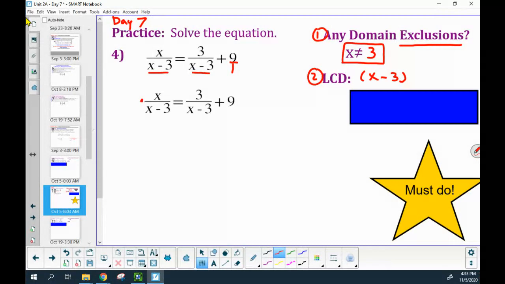So now I'm going to take that LCD and multiply by every single piece of the 3-parted equation I see. So I'm going to use the LCD here and multiply on the left. I'm going to use the LCD, let me squeeze it in on the second part, which is on the right. I'm going to also use it on the third part, the one with the 9. So there's 1, 2, 3 fractions that I have to multiply by the LCD.